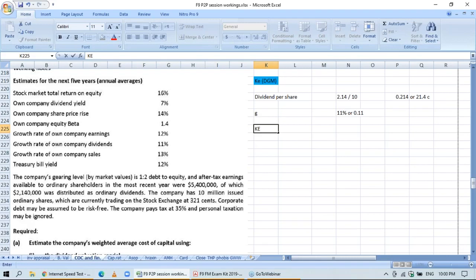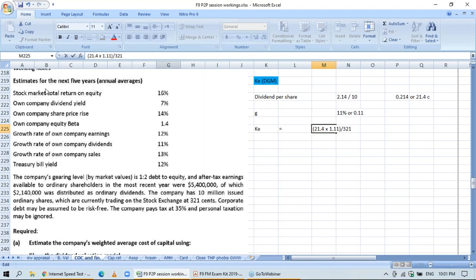So cost of equity is equal to the dividend, which is 21.4 cents, multiplied by 1.11, divided by the market price of the share. The market price of the share as per question is 321 cents, which is given.